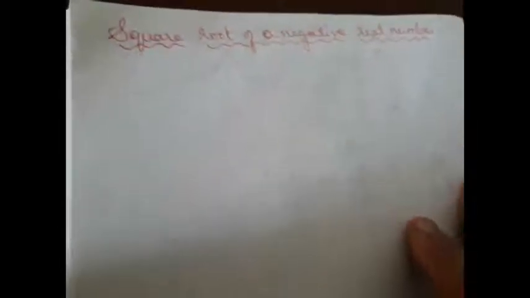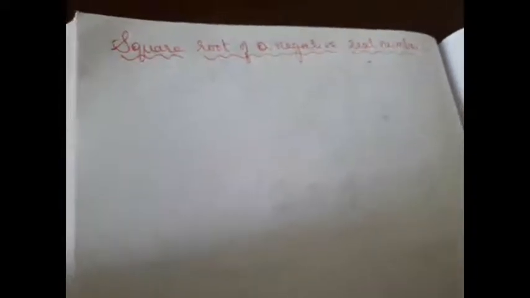Hope you understood. Now what you are going to learn is the square root of a negative real number. So far, when we had a negative sign inside the square root, we would say it is not a real number and stop there. But from now, we can solve it. If we get a negative number inside the square root, we can express it as a complex number.